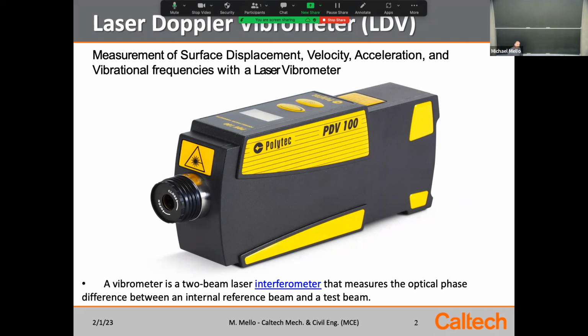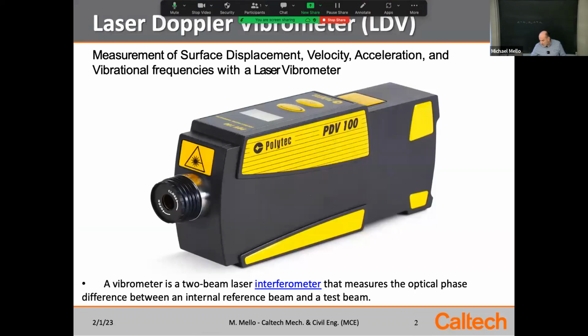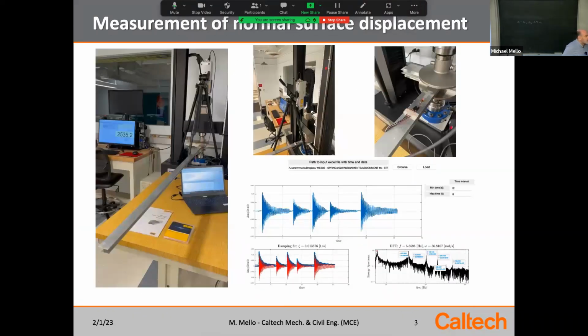It could be any vibrating structure, and it receives that reflected laser light. Right now it just looks like the proverbial black box to us. Somehow it takes that received light, does something with it, and reports back to us signals like what I had on my title page, or better yet, signals like this.